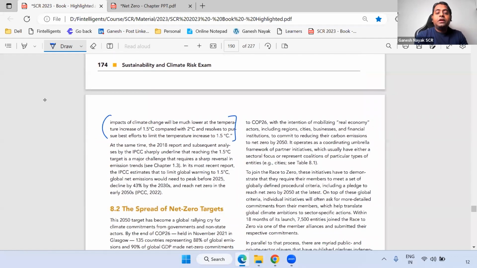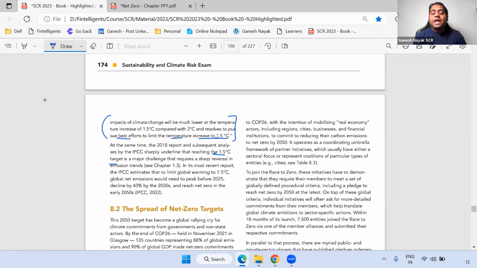In that Climate Pact forum, we focused more on the impact of that extra 0.5, and everybody resolved to make a best effort to limit the temperature increase to 1.5 degrees Celsius. And that became the major target for all the companies.